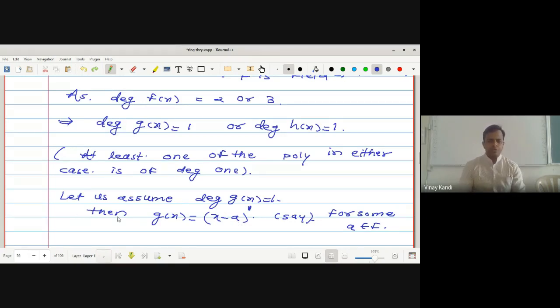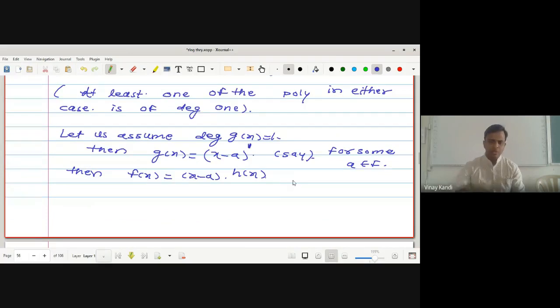So then the degree of g of x is 1, then g of x is equal to x minus a for some a belongs to F. Then what is f of x? f of x is equal to x minus a into h of x. So it implies f of a is equal to a minus a into h of a, which is equal to 0.